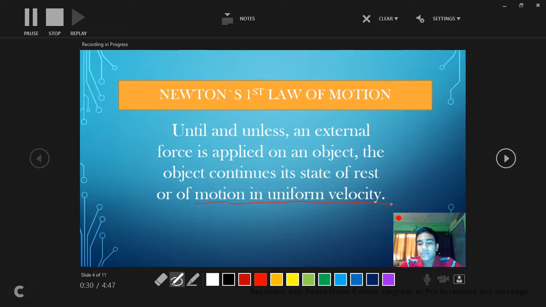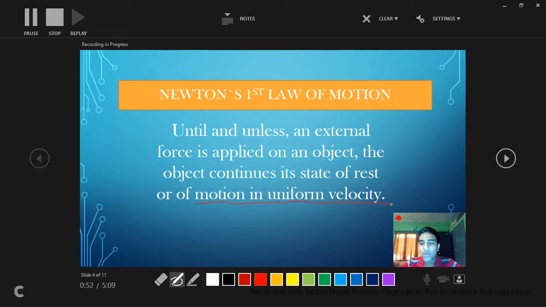Suppose a ball is kept at rest. If you push the ball, it will roll, and if you do not push the ball it will remain there, continuing its state of rest. A car is moving on a straight path with uniform velocity.